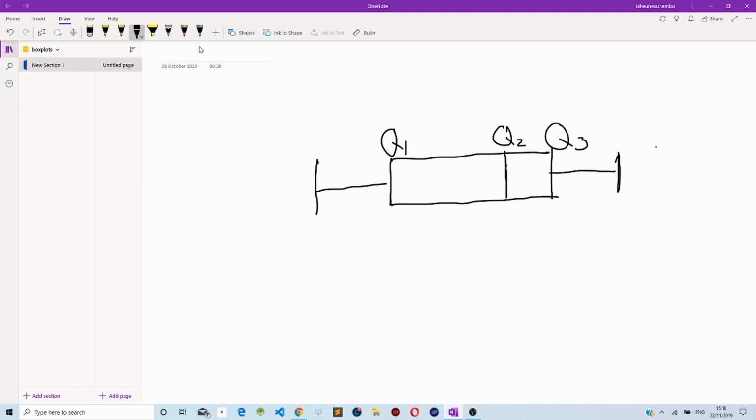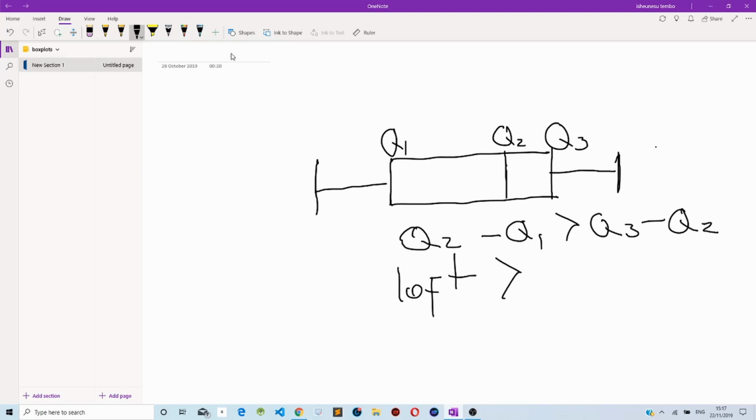So in the third situation, Q2 minus Q1 is greater than Q3 minus Q2, and also the whisker on the left side is greater than the whisker on the right side.